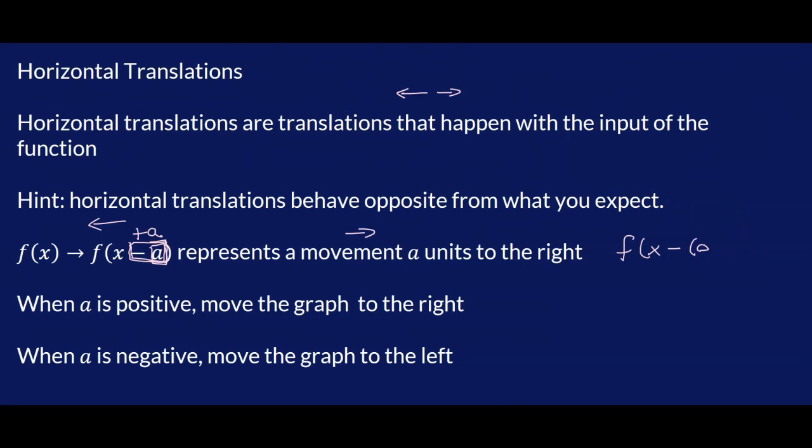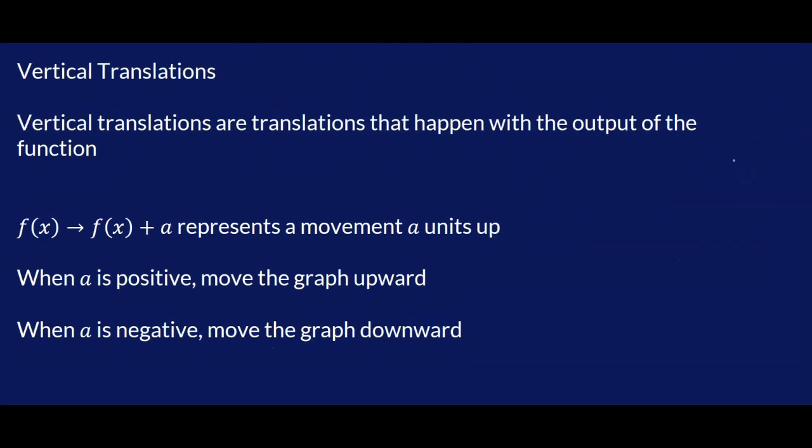Let me write this properly: x minus, and then we have negative a. So you can see that that's why it becomes x plus a. Because we have x minus negative a, this shows that we're doing a translation to the left-hand side. Vertical translations are a lot easier to manage because they work exactly the way they look.